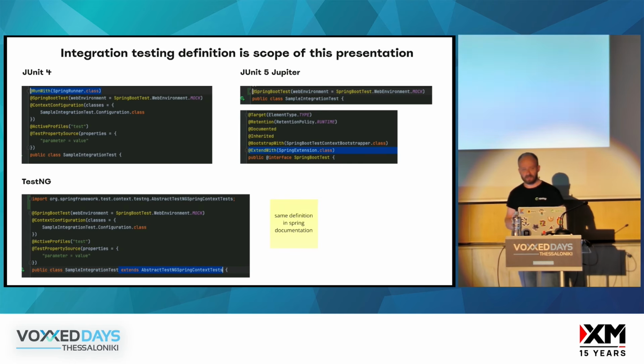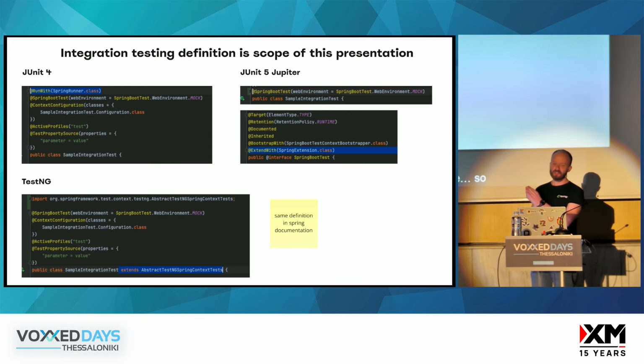Before we go ahead, I'd like to emphasize what I actually mean when we're talking about integration testing, because the definition may differ depending on the company you work at. I mean those tests that are executed in the same JVM as the code that you validate.